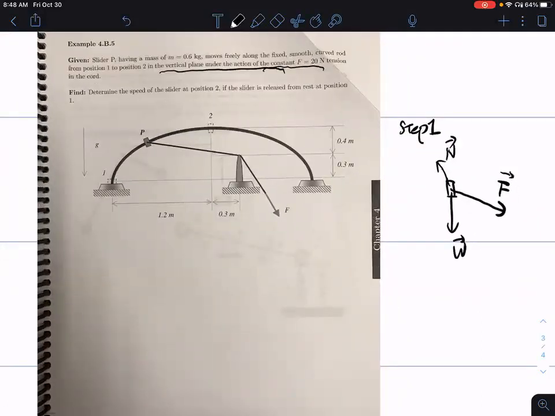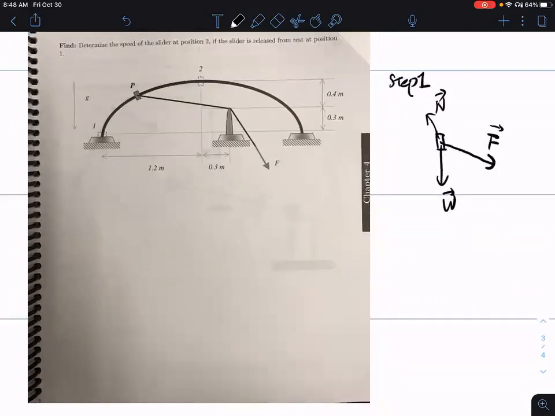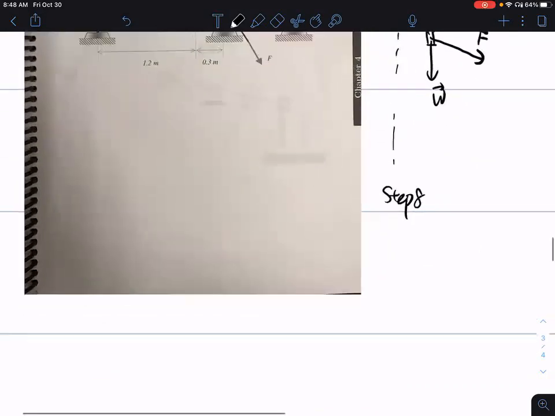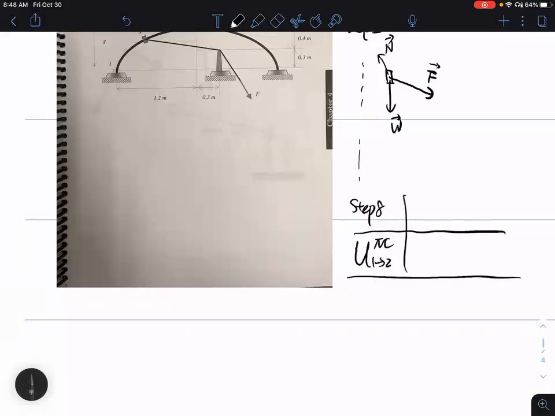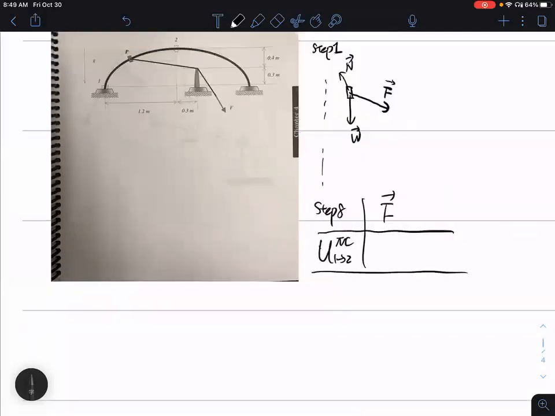And the tricky part of this problem is at step 8, so I will just jump all the way to step 8. When you need to set up the work done by that force from 1 to 2, a non-conservative force, you have to calculate the work done by that force.